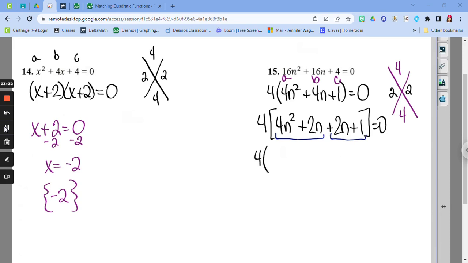I can divide both of them by 2n, leaving me with 2n plus 1. The second group is already 2n plus 1, so I'm just going to factor a 1 so I know what I'm working with. So 2n plus 1 and a matching factor 2n plus 1.